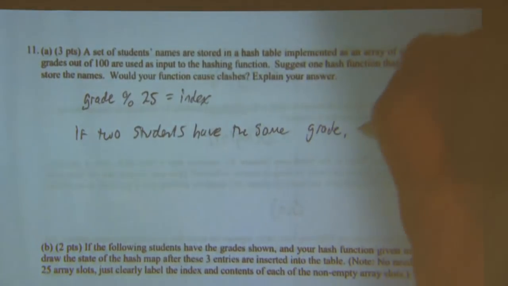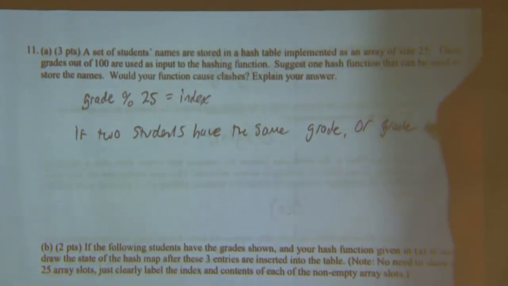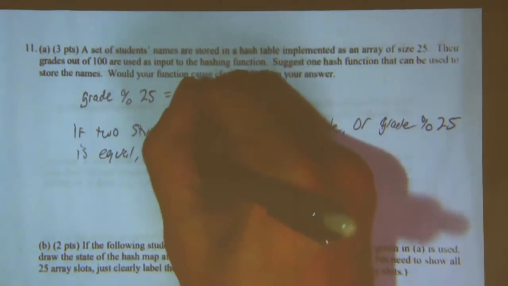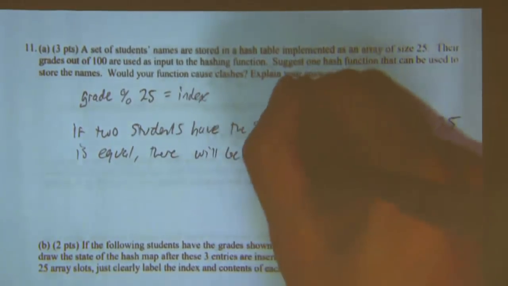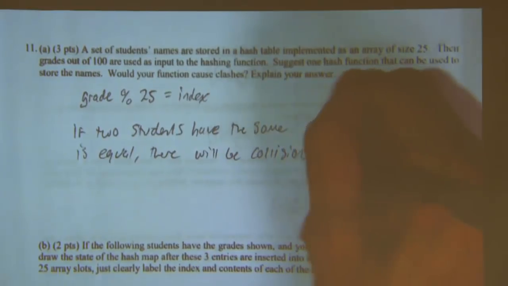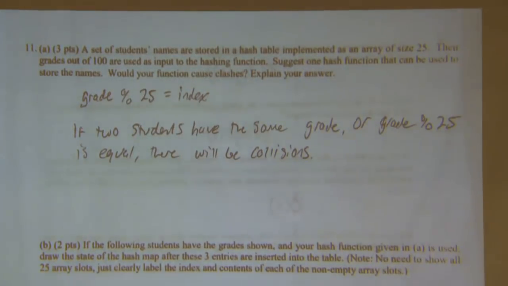So if two students, or more than two students, have the same grade, or their grade mod 25 is equal, then there will be collisions.